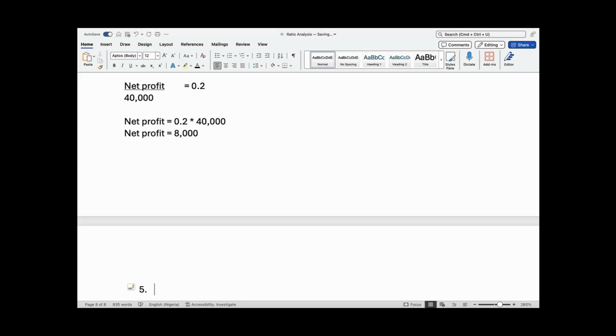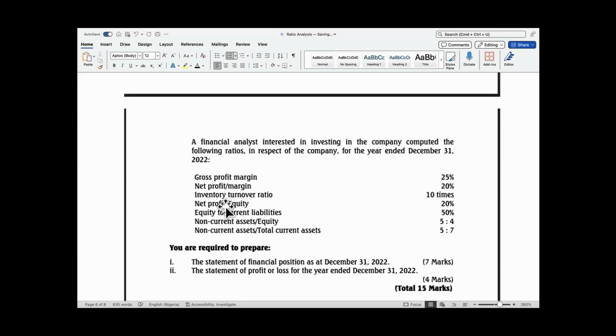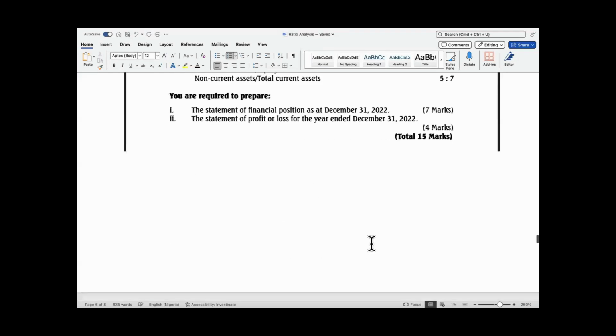Then having gotten that, I can move up a little bit also, and let me still leave this inventory turnover ratio. Let me go to my net profit margin. Because I have net profit, I don't have margin, it is 20%.